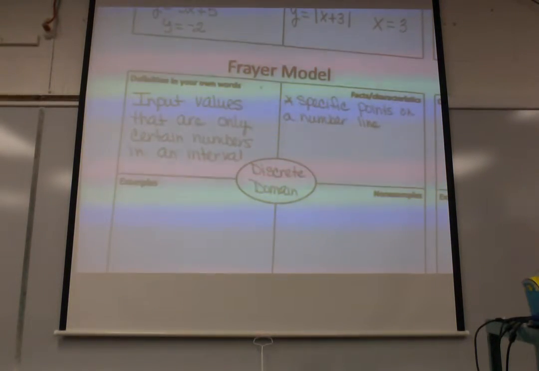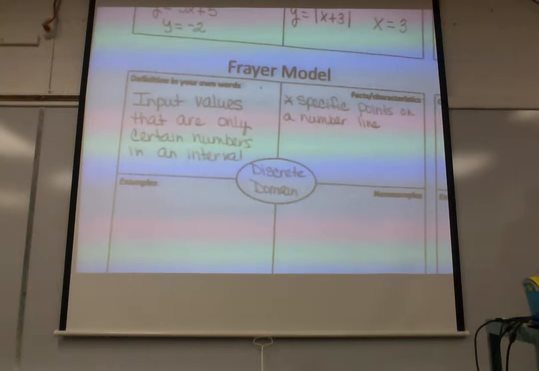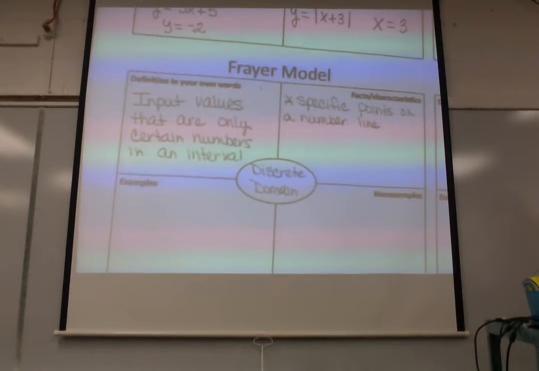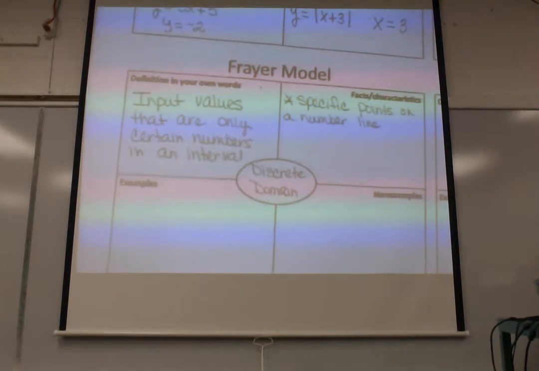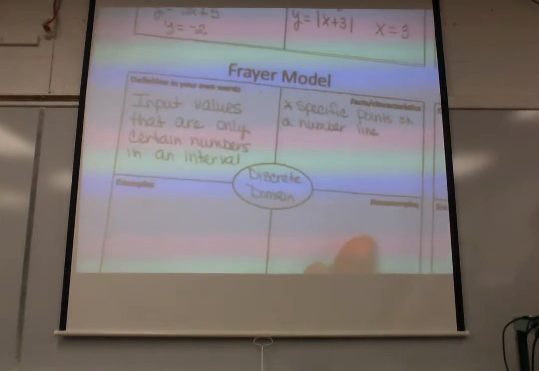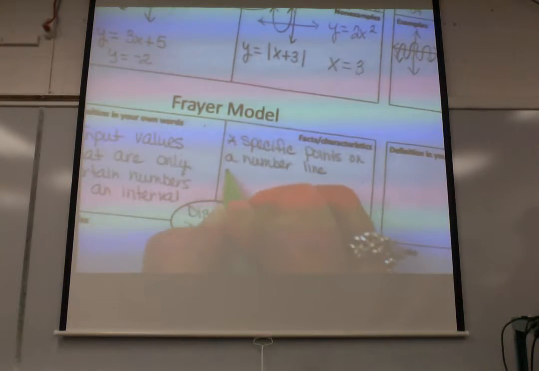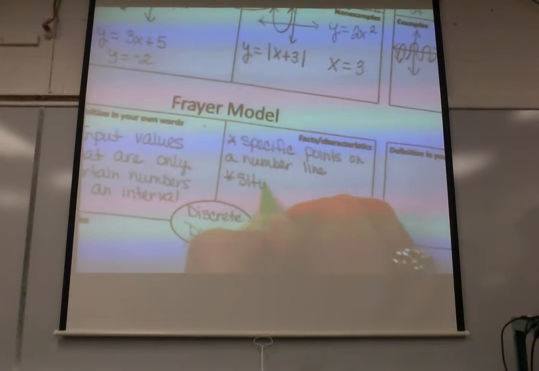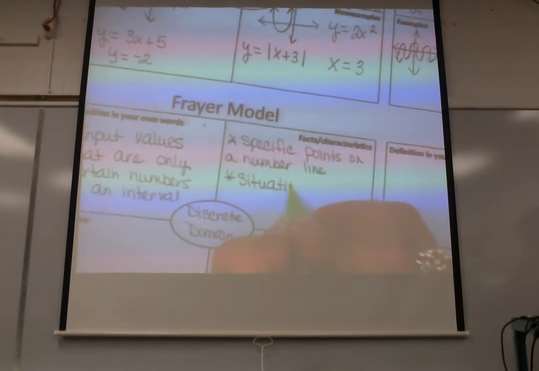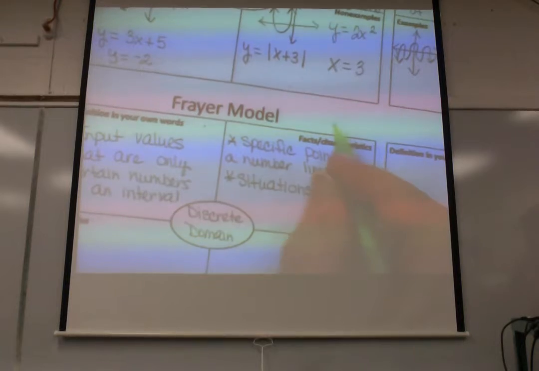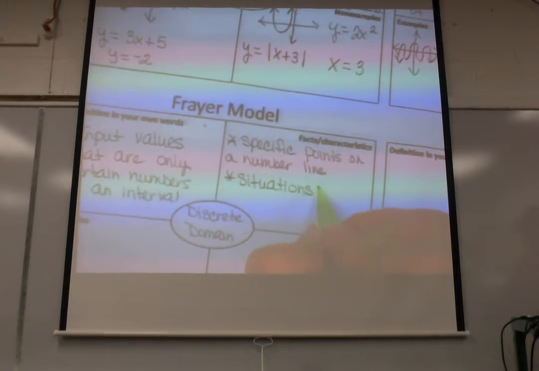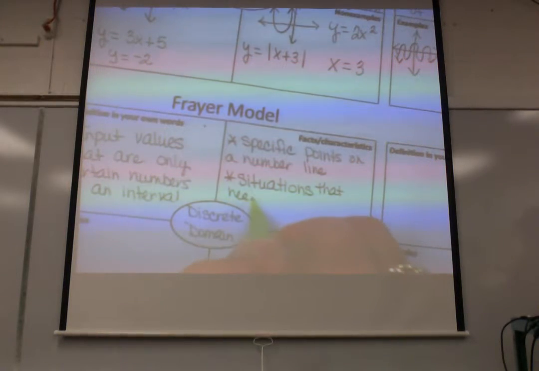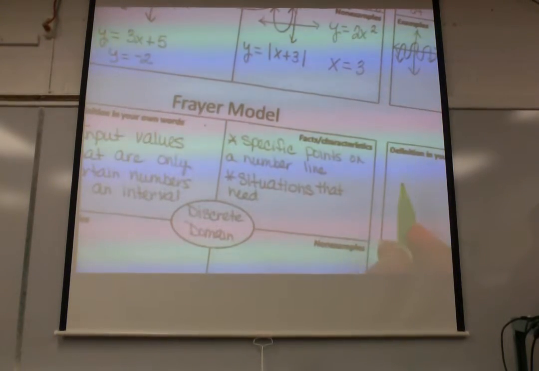So you use discrete domains in situations that you need whole numbers or integers. What's an integer? Whole numbers and their opposites, negatives.